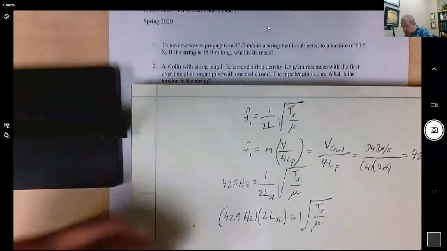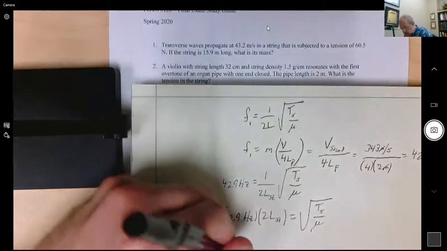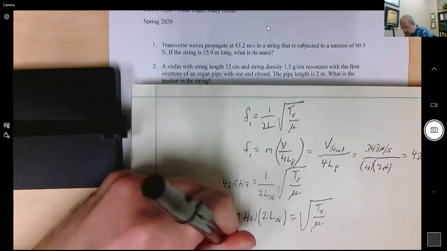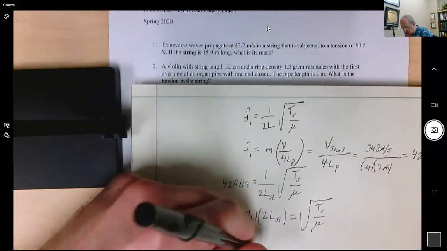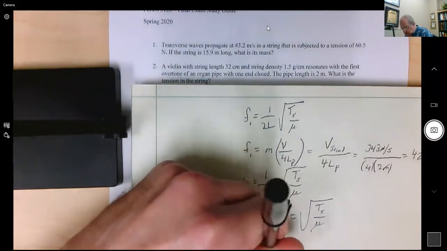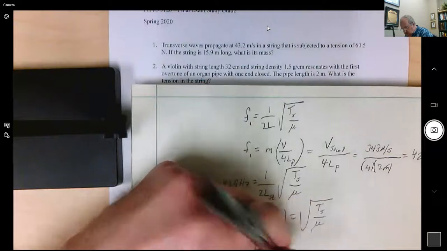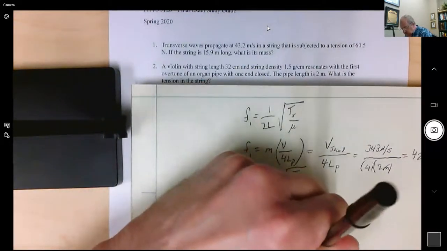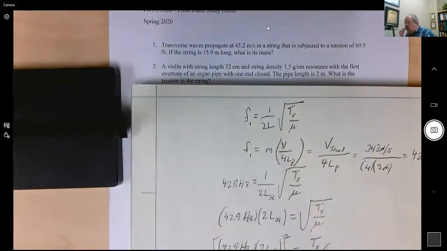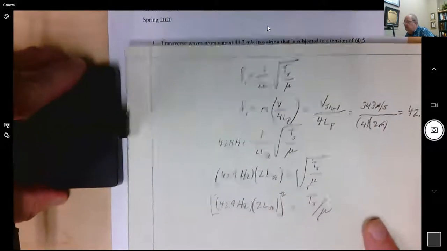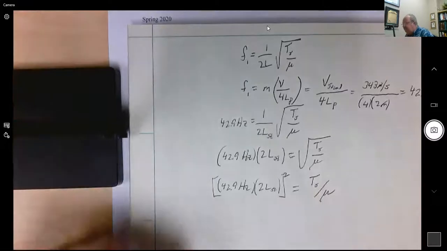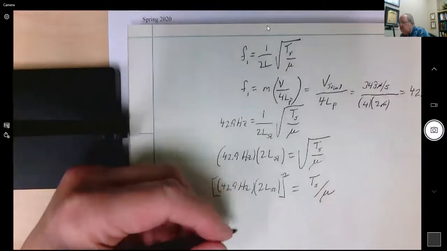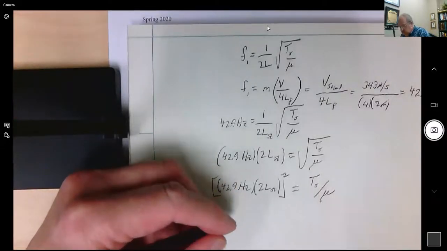So I just take the square of both sides, and that gives me 42.9 hertz times 2 times the length of the string, squared, equals the tension of the string divided by mu, the linear density. Then all I need to do is multiply both sides by mu.